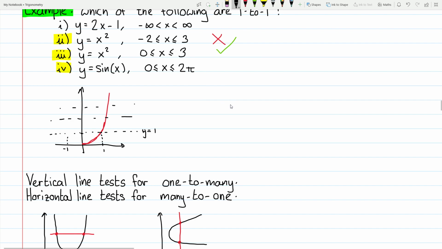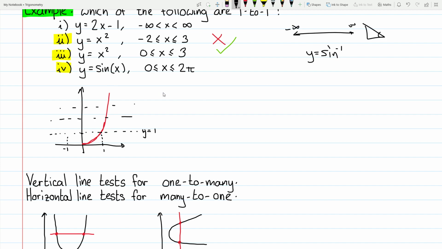Now what about the sine function? I mentioned how graphing the inverse sine function has an issue. That issue is because instead of looking at between 0 and pi over 2, we're now looking at all the infinite values of theta, the angle.